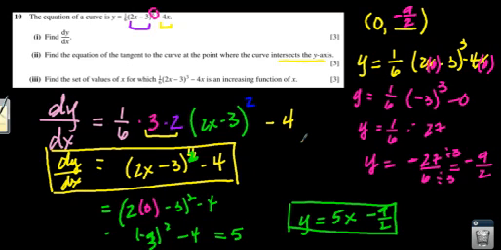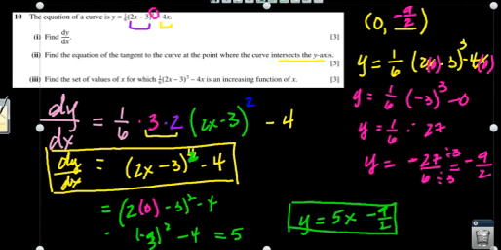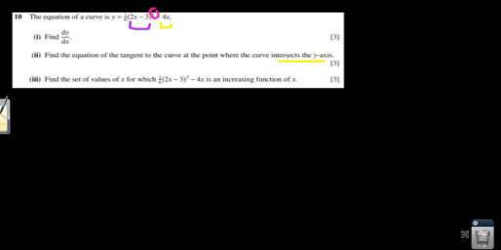So part 3 says, find the set of values of x for which 1/6 times the quantity 2x minus 3 cubed, minus 4x, is an increasing function of x. At this point we need to find the stationary values as a start, because increasing and decreasing values happen when you know what the stationary values are and you can find which way your curve is turning.